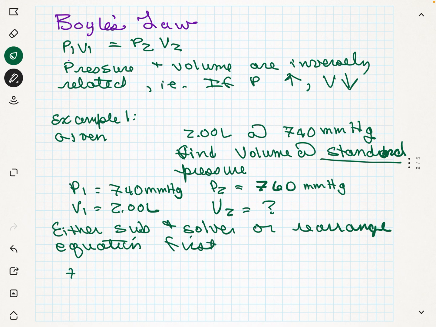So I'm going to have 740 millimeters of mercury times 2.00 liters. Notice I'm making sure to include my units in every measured value that I'm writing down, will equal 760.0 millimeters mercury.